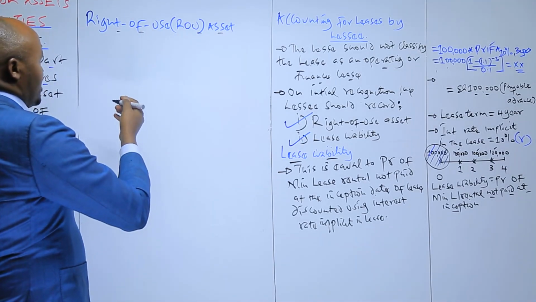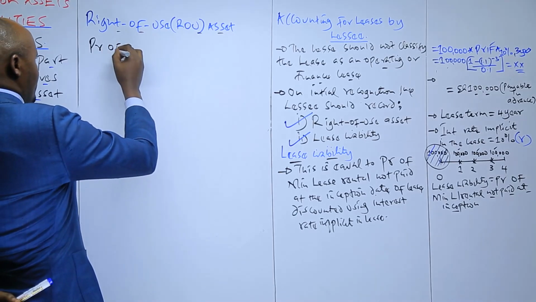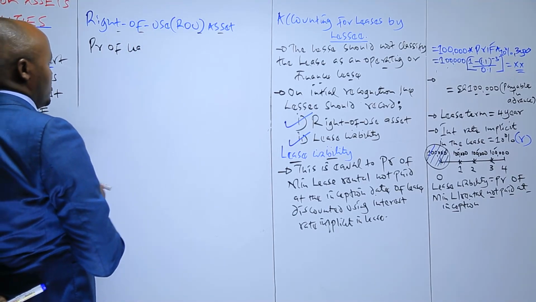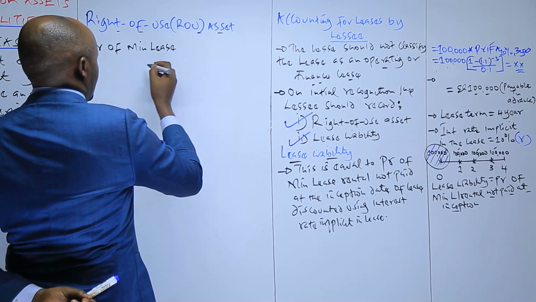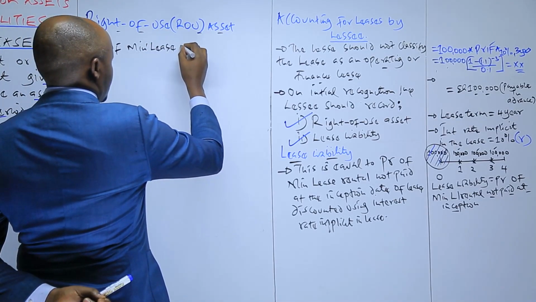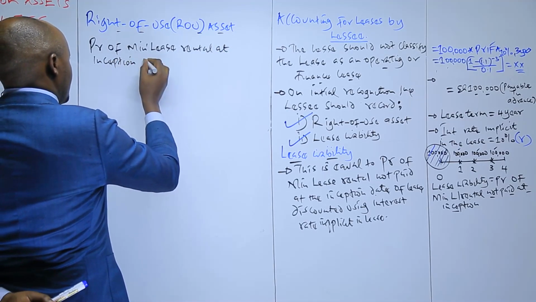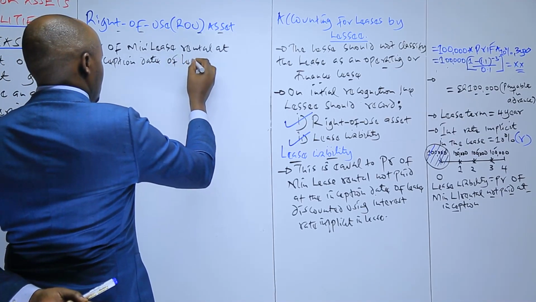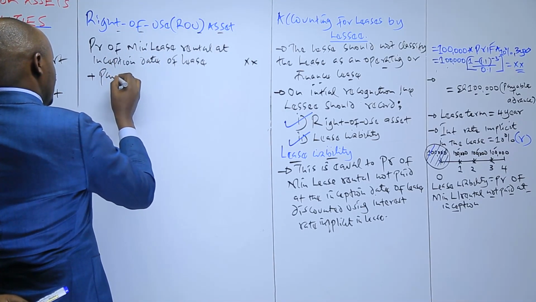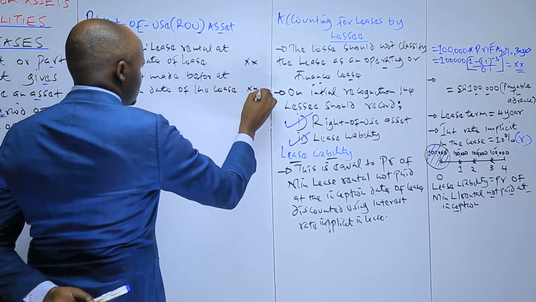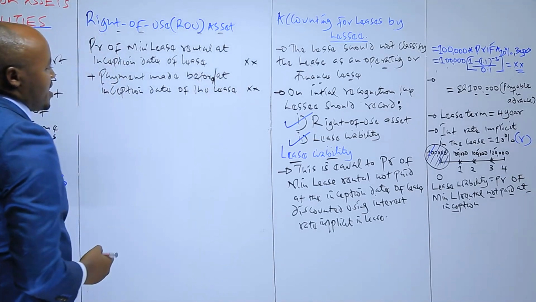One, we take the present value of the minimum lease rentals at the inception date of the lease, and then to this we add the payment made before or at the inception date of the lease.